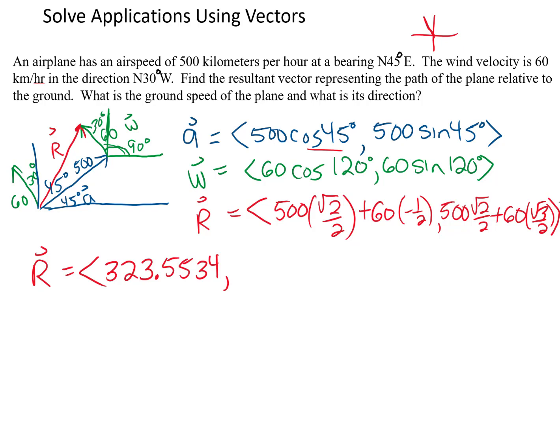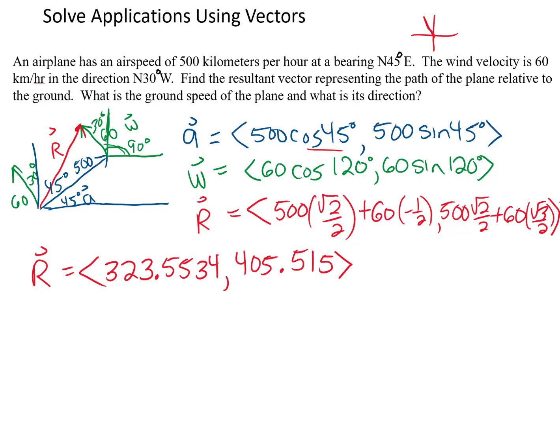And a decimal approximate for that is 405.515, because it's going to be 497 and round up. So there is our resultant vector.